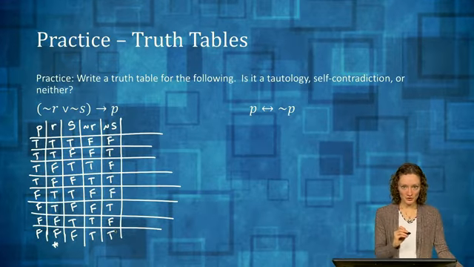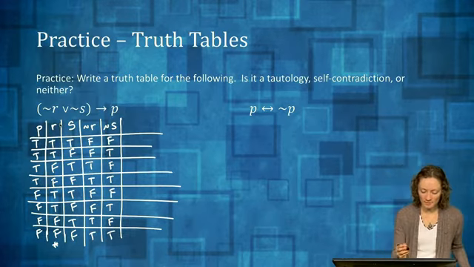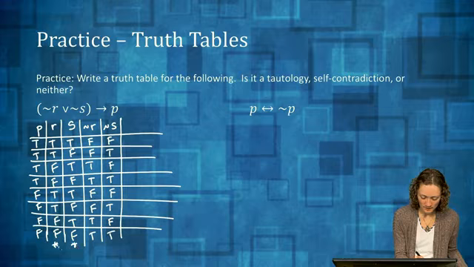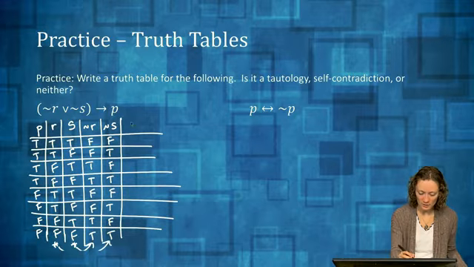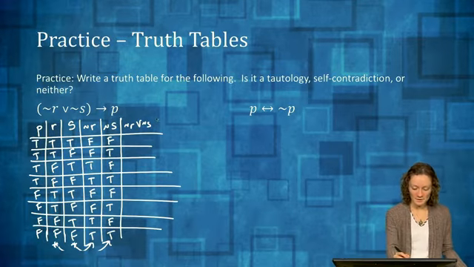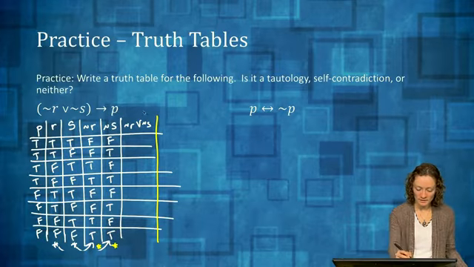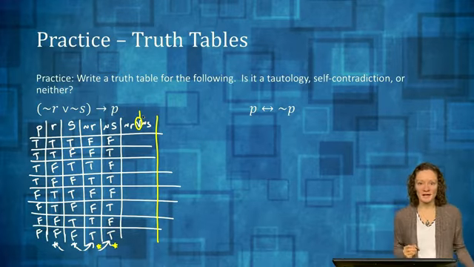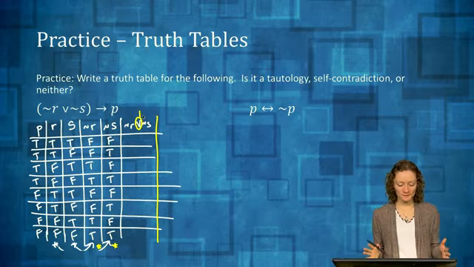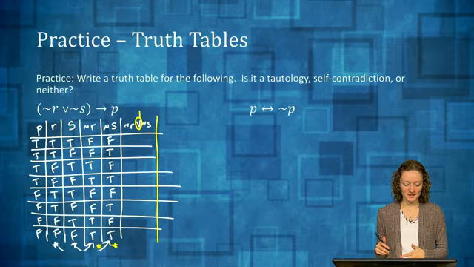Now that we have those two columns, we can pull them together with the word or inside the parentheses. Negation R or negation S. This comes from the two columns we just created, pulled together with the word or. What's our or summary? You may have to look back for this.